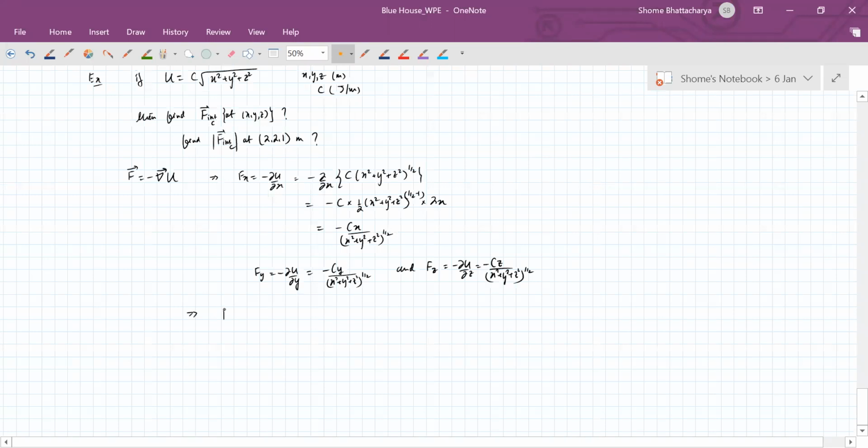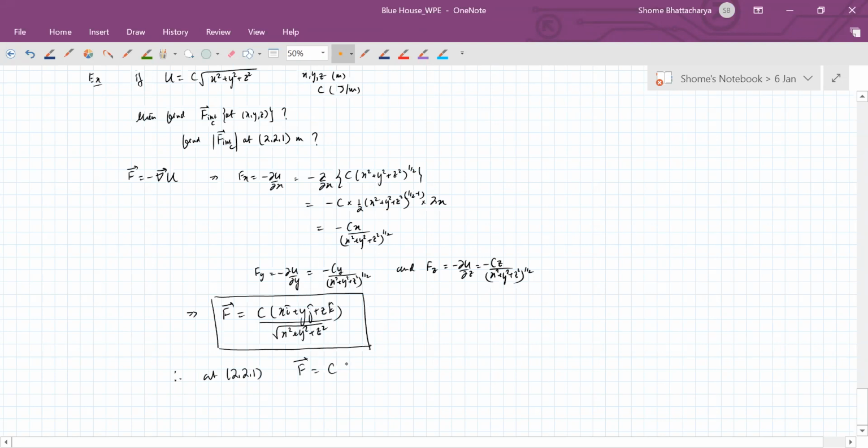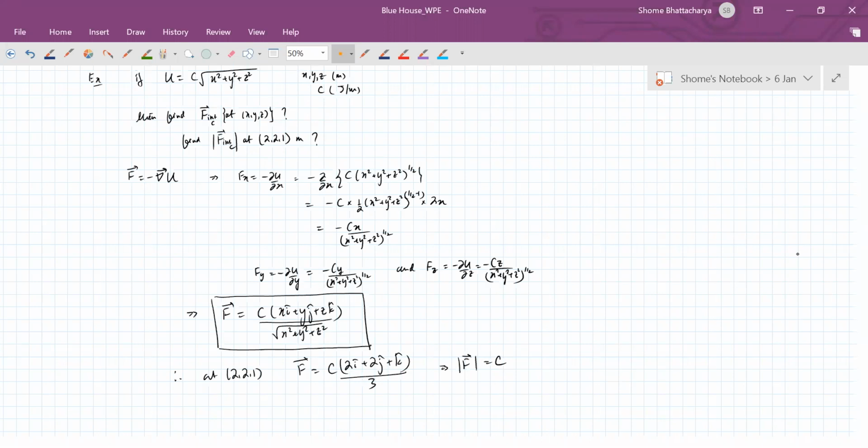So you can see that collectively you can write the force like this. So this should be a final answer.